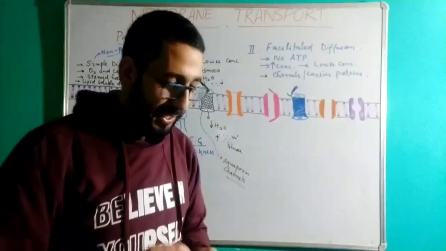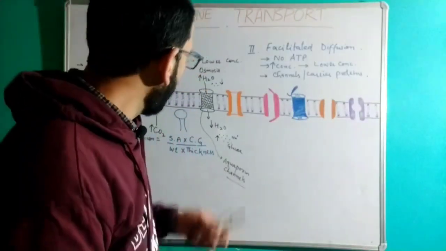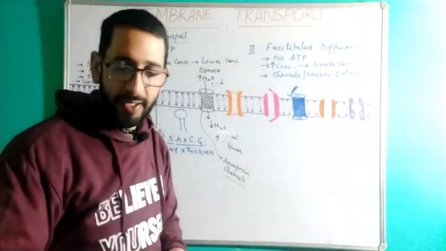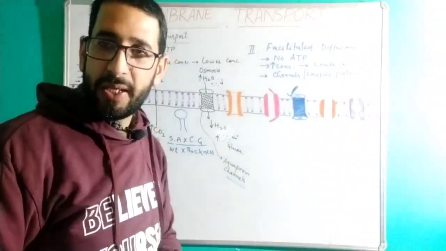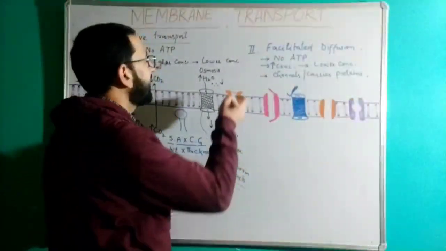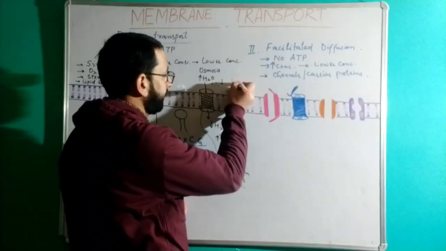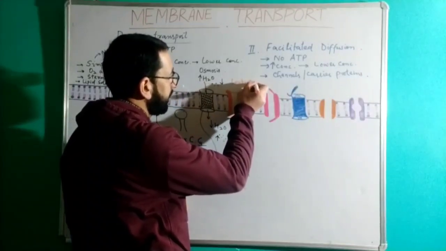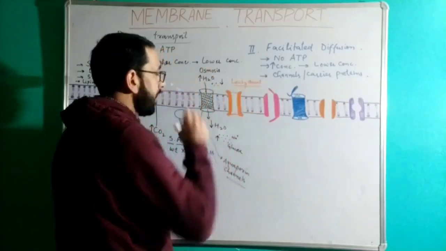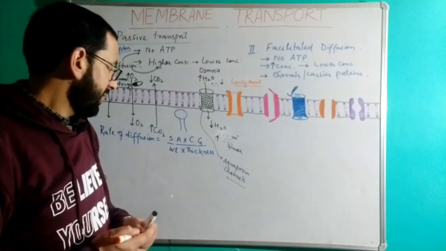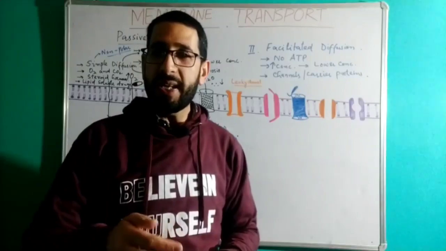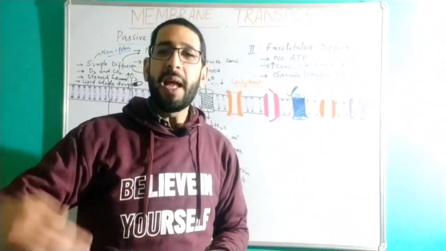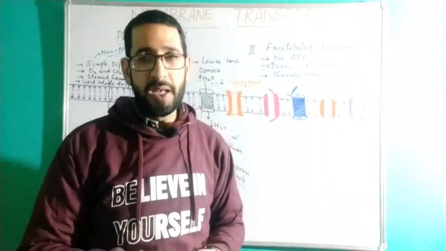Then the second thing is that we have another type of channel here, and this channel is called the leaky channel. Now this leaky channel is kind of leaky. It is always going to allow the substance it is meant for to pass through.